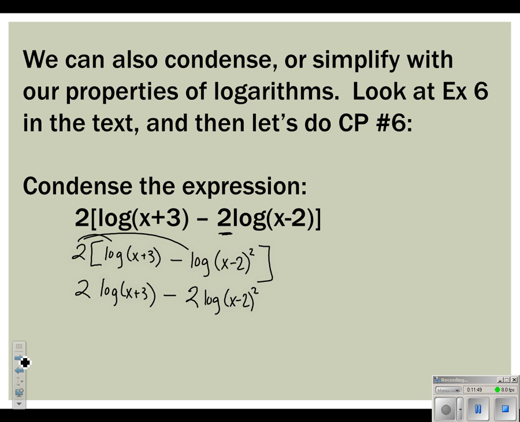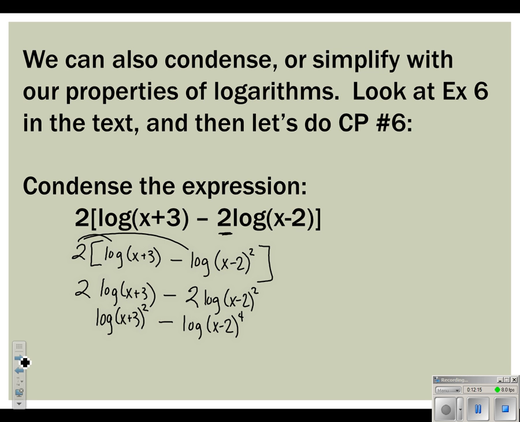Now I'm not going to leave that 2 out in front. So this front one, this first part, I'm going to rewrite with the squared. And on the second part here, I'm going to again take that 2 out of the front, and it's going to get tacked on to my power, which now will make a power of 4.